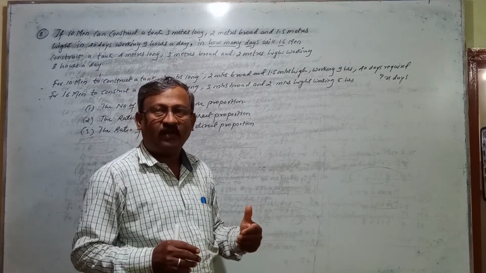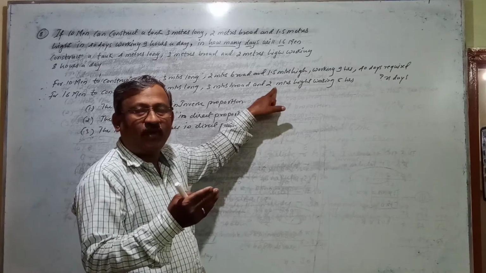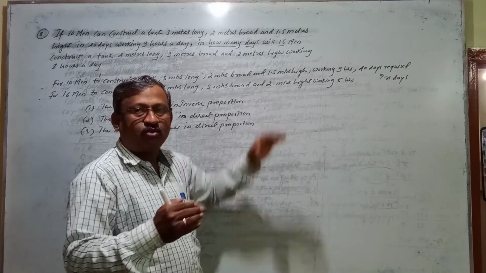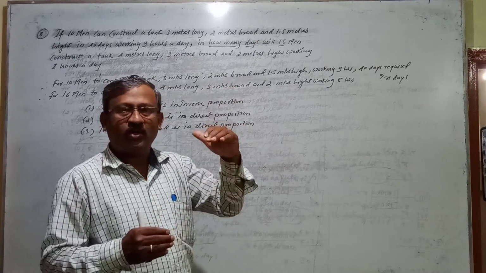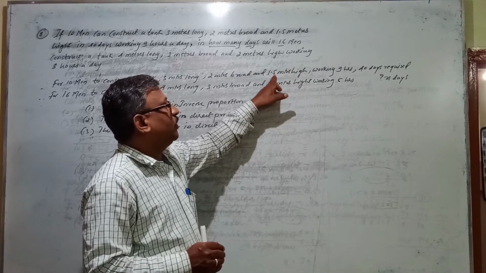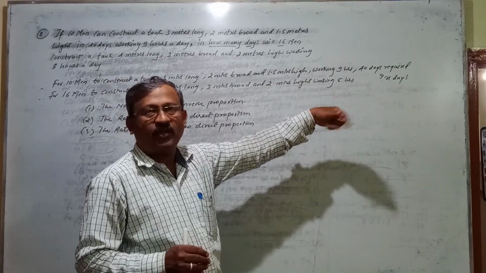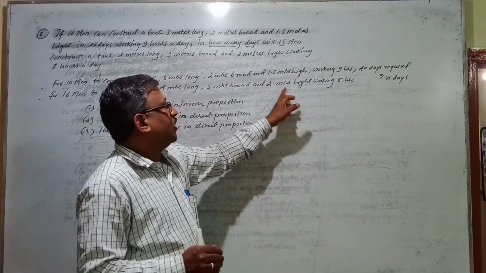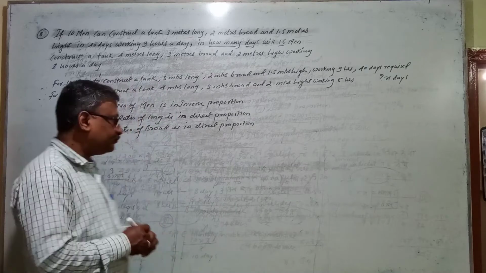Definitely it will take more days, because the height has increased from 1.5 meters to 2 meters. As the height increases, the number of days required also increases. So both are increasing, which means the ratio of height is also in direct proportion.